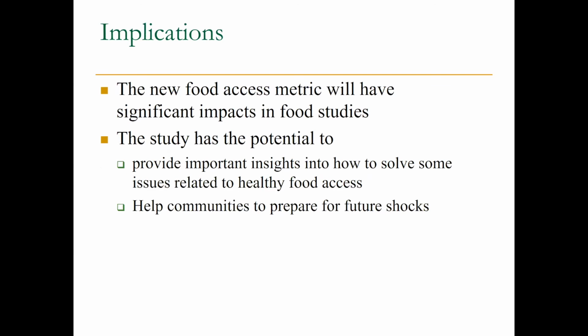Also, with food assistance programs like SNAP and WIC EBT cards, a lot of food outlets don't accept those payments. So maybe this study will help provide some insights into the barriers there. I think this might be helpful for policy formulation.